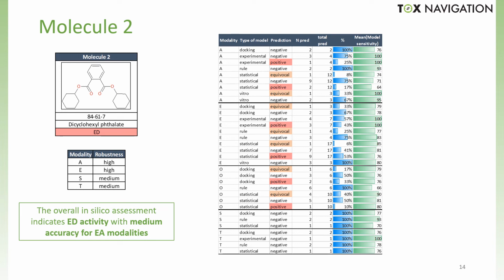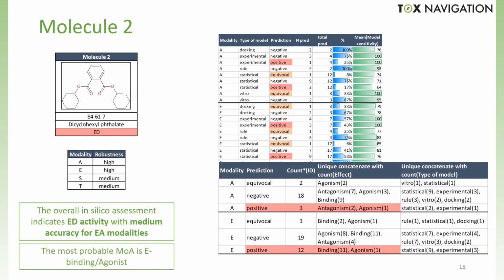And once you get to this point of having positive predictions, you can also dig into more details related to the mode of action, generating tables like this one, where you can also distinguish between the different modes of action.